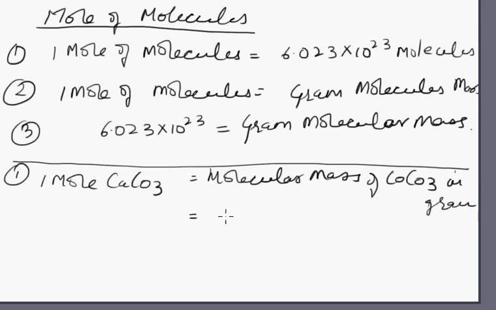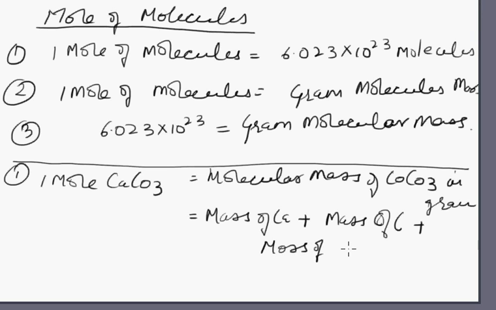Let's calculate first: mass of calcium plus mass of carbon plus mass of oxygen into 3. That will be 40 plus 12 plus 16 into 3, which comes out as 100 grams.